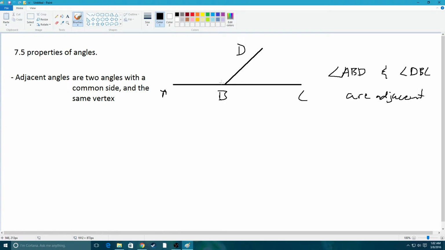Okay. Doesn't always have to be a straight line too. It could be something like this. Okay. And we can call this angle 1, angle 2, and angle 1 is also adjacent to angle 2.